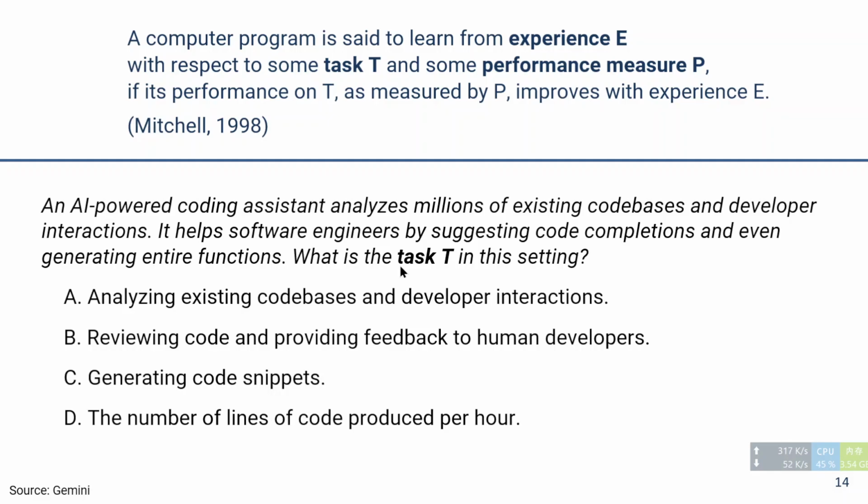So what is task T in this setting? A: Task T will be analyzing existing code. B: Task T will be reviewing the code and providing feedback. C: Task T will be generating code snippets. D: Task T will be the number of lines of code produced per hour. Okay, so A, B, C, D, everyone.